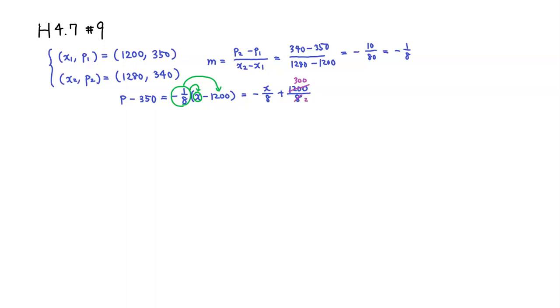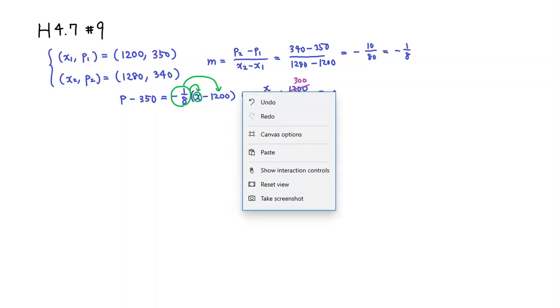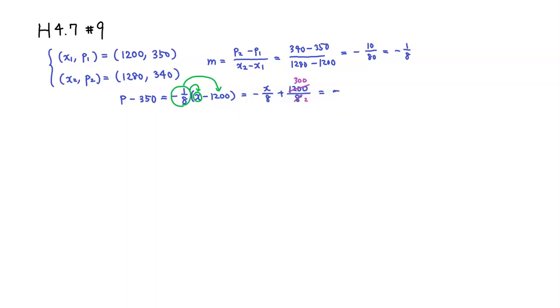So we have negative X over 8 plus 150. Right? So we can just add 350 to both sides. So P, the price, is going to be negative X over 8 plus 150 plus 350, which is 500.